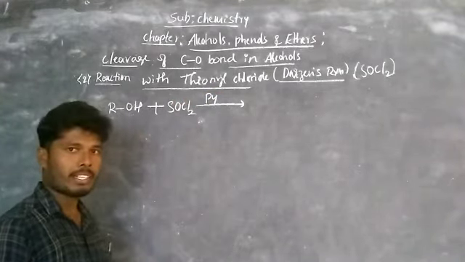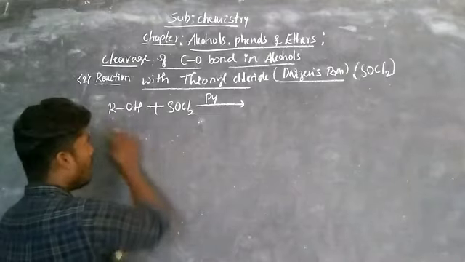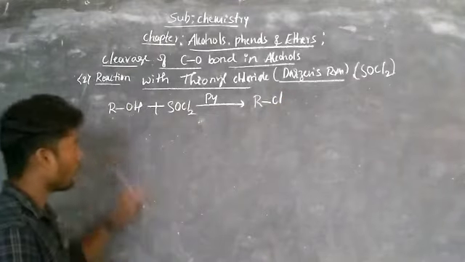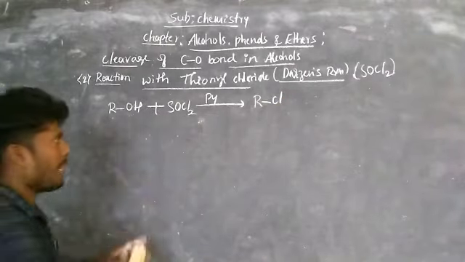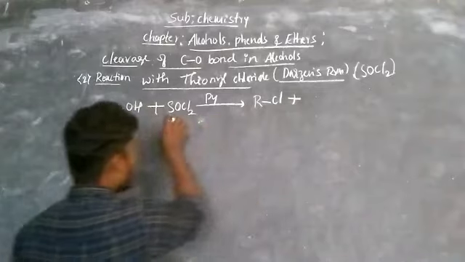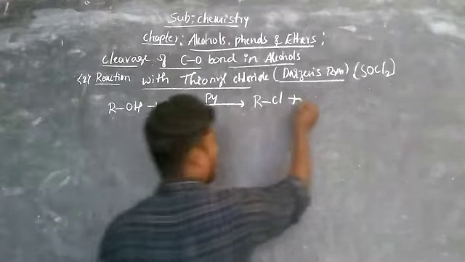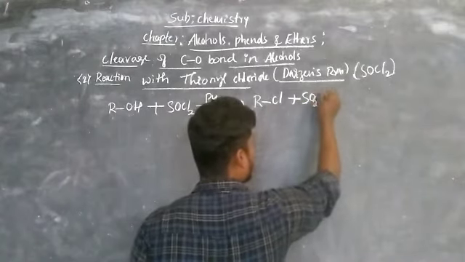You get alkyl halide, that is R-Cl, plus SO2, sulfur dioxide, a gas.